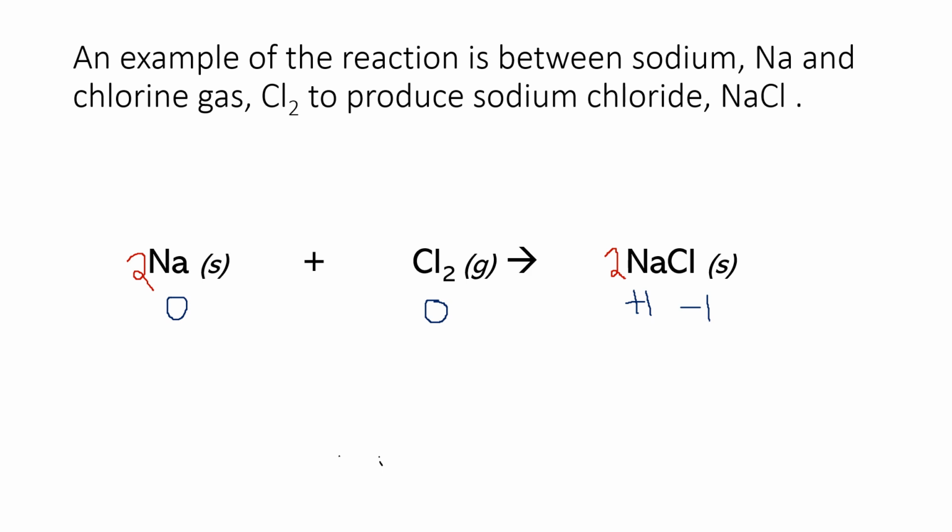Sekejap kita tengok. Mana hijau. Okay. So tengok dekat ni, sodium ni kan. There's increase in oxidation number from 0 to plus 1. Okay. So increase in oxidation number. Increase.